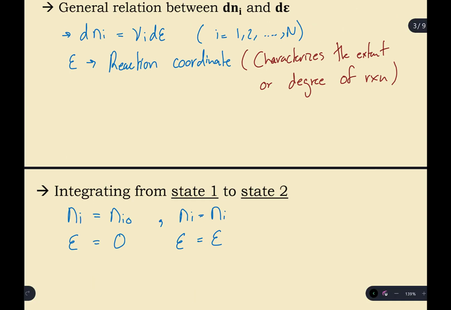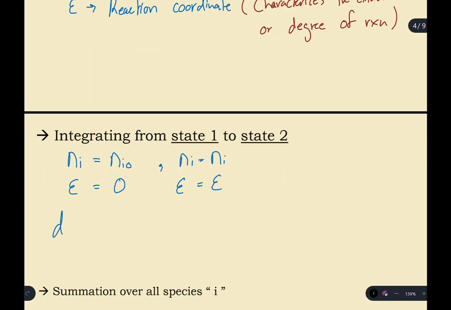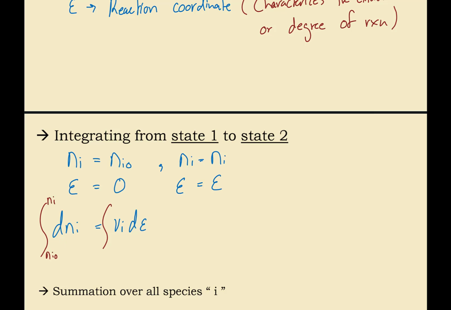We write down the equation dn_i equals the stoichiometric number times d epsilon, and integrate both sides from initial to final. The change is from n_i naught to n_i on one side, and from 0 to epsilon on the other.